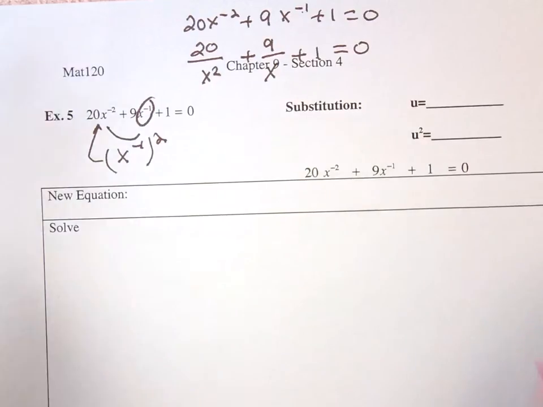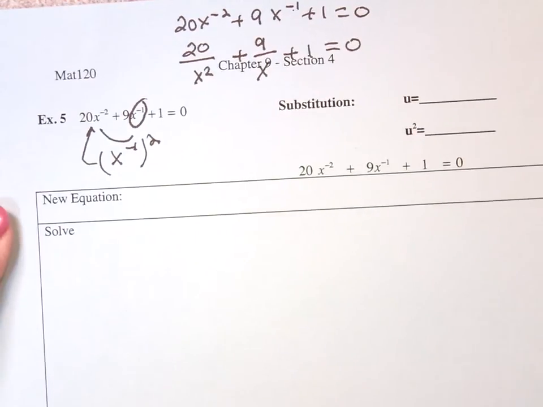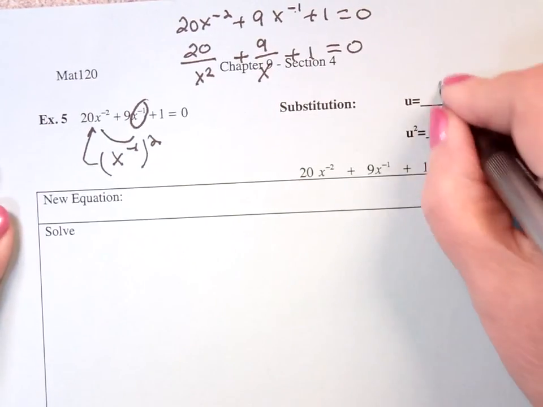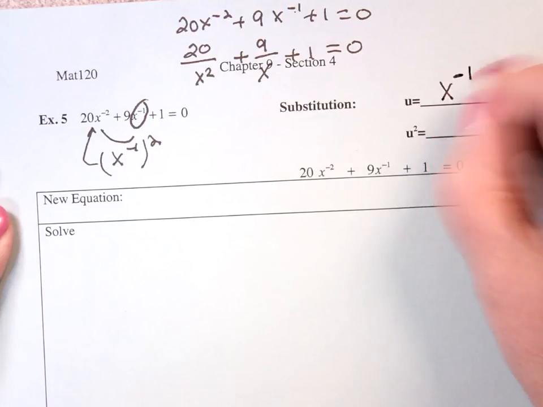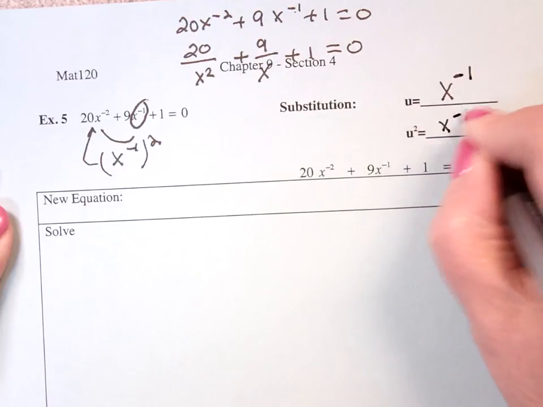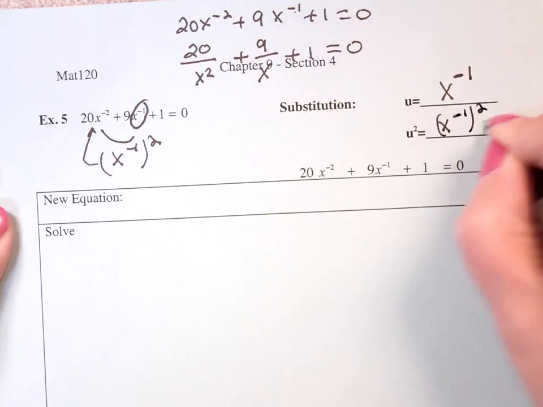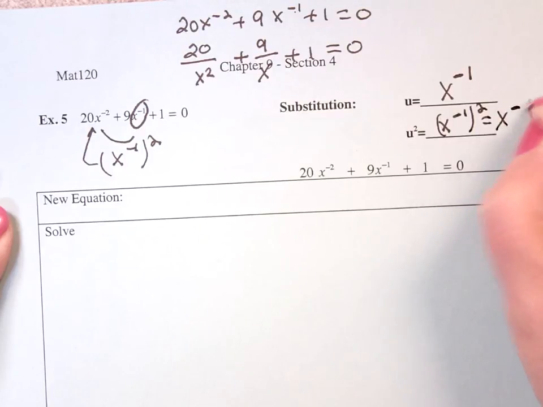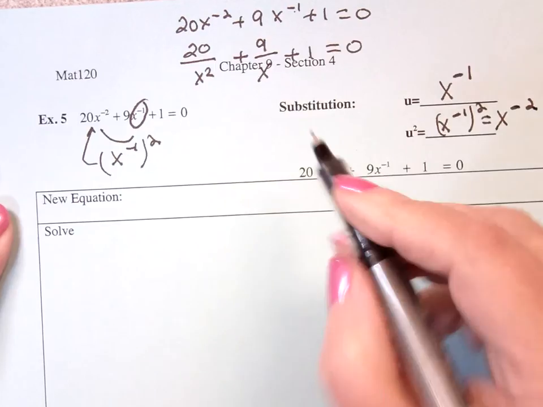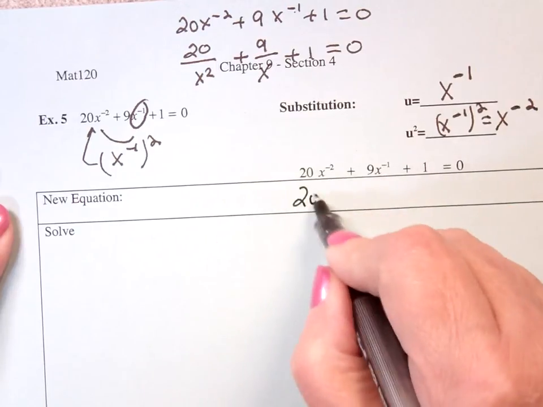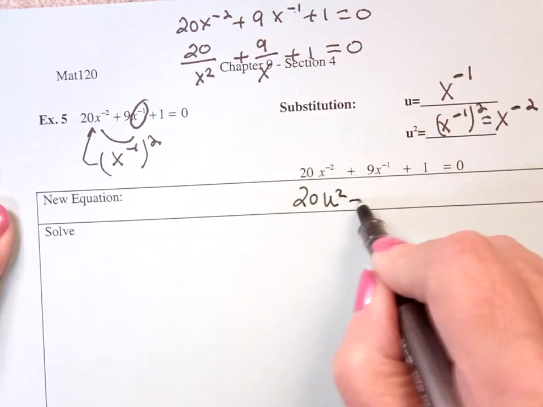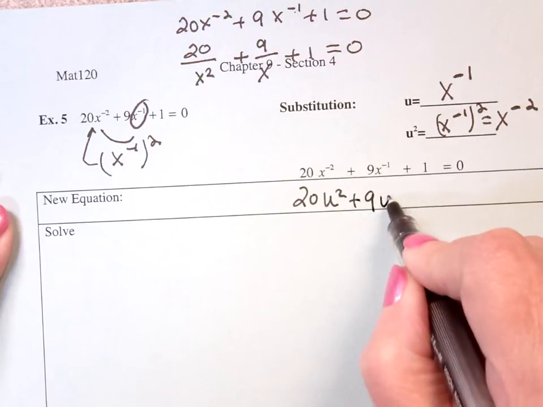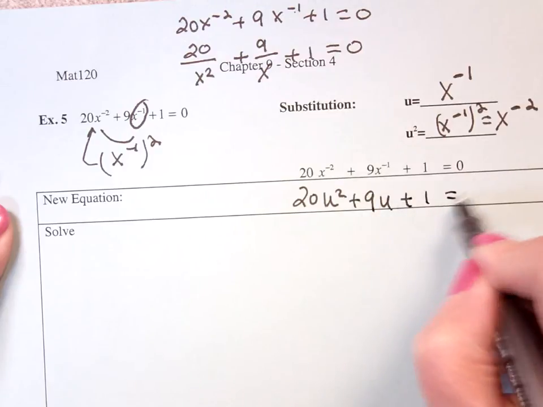Substitution makes it easier, however. So that says I'm going to let u be equal to x to the minus 1. So if I square x to the minus 1, I should end up with x to the minus 2. So my problem comes out to be 20u squared plus 9u plus 1 equals 0.